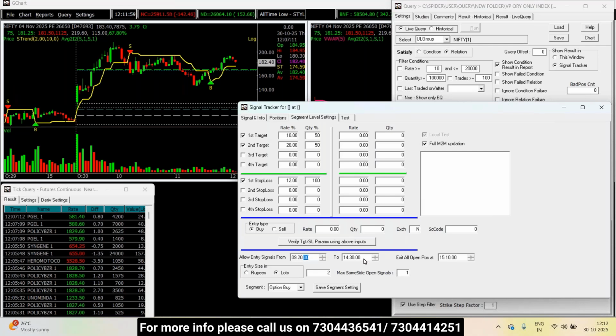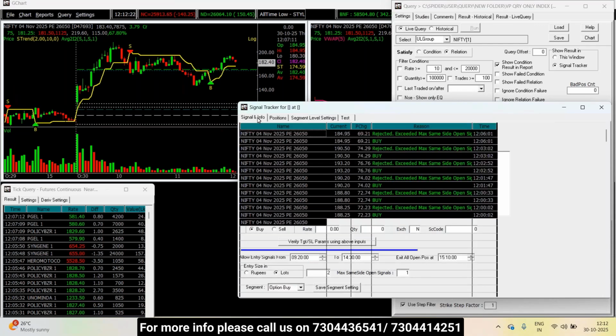After 2:30 p.m., my AI is not going to take any entry signal, and everything will exit at 3:10. The number of lots I gave is 2; if you want, you can change the number of lots. The segment I also choose: in the Nifty, I choose option buy. In this way, I choose my risk management system.